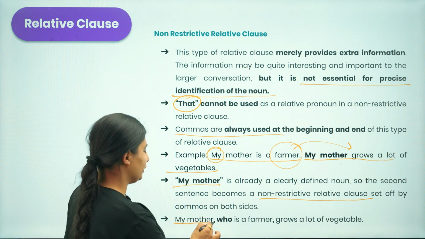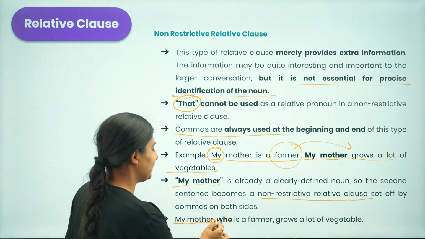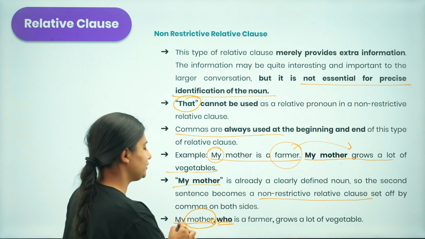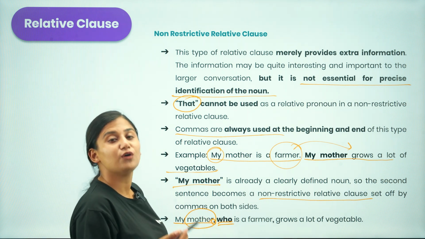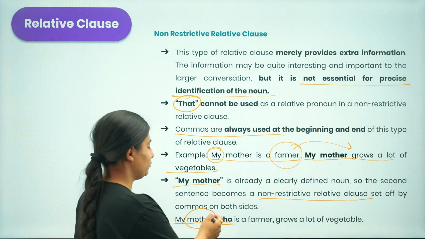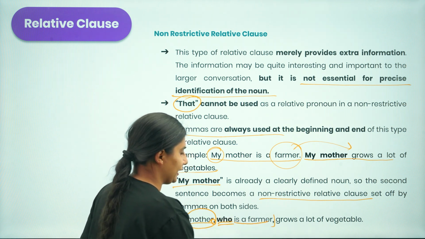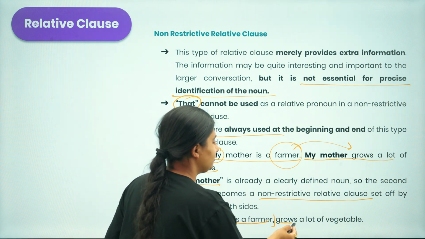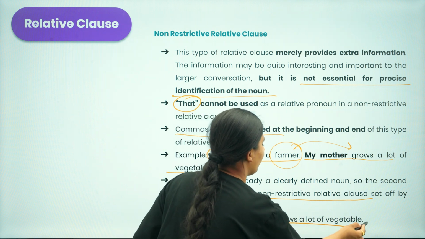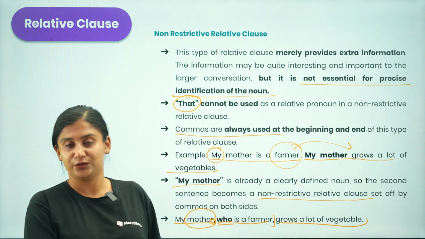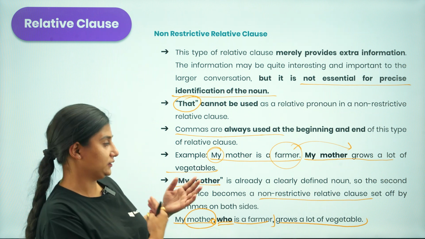Here: my mother, and then a comma, and then the relative pronoun, because we are talking about my mother, which refers to a person. So: my mother, who is a farmer, and then the comma again, and then we add the information that she grows a lot of vegetables. This is how our non-restrictive clause is used.